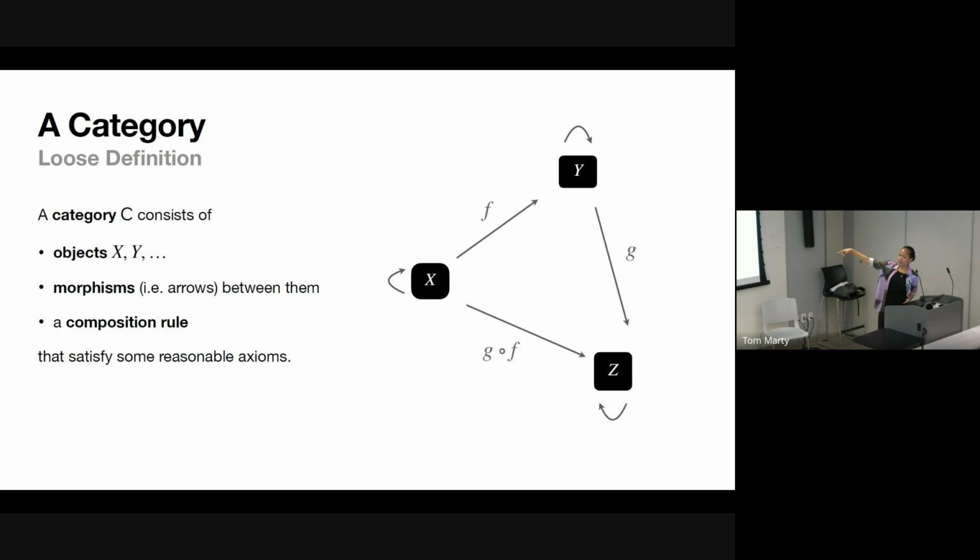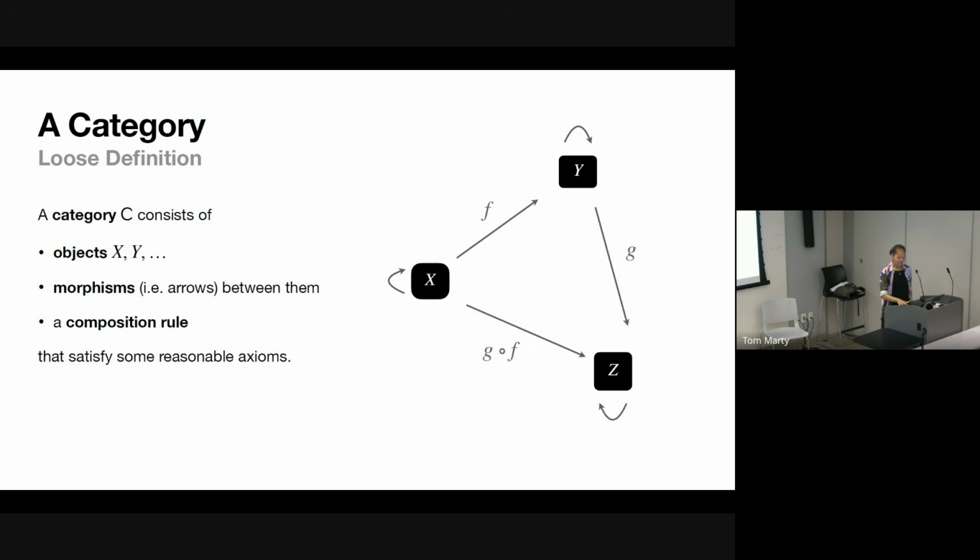Together with a composition rule. So if there's a way to go from X to Y and a way to go from Y to Z, then you can combine those ways to get a way to go from X to Z. So some composition rule. And then you ask that this information satisfies some reasonable axioms that I won't get into. But this is the data you need to have a category. And we just saw some examples.